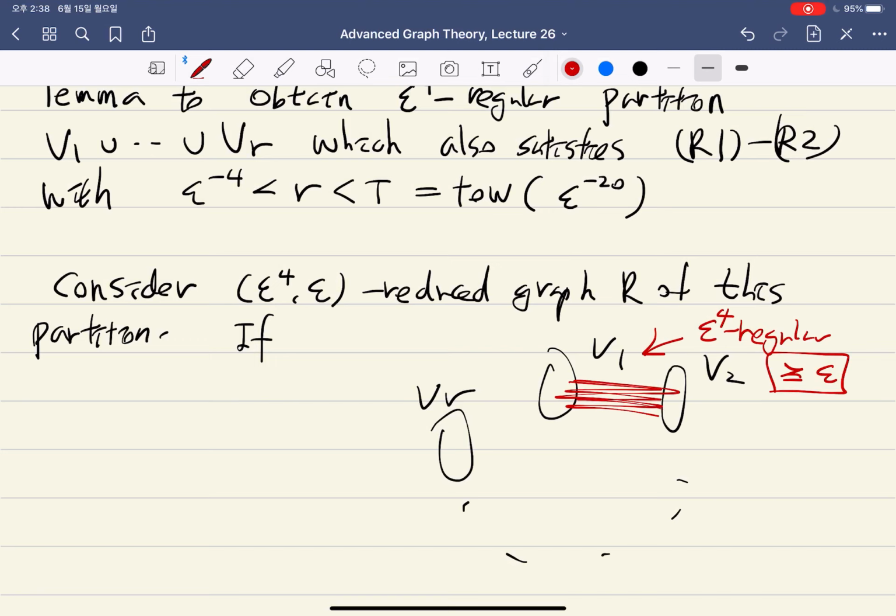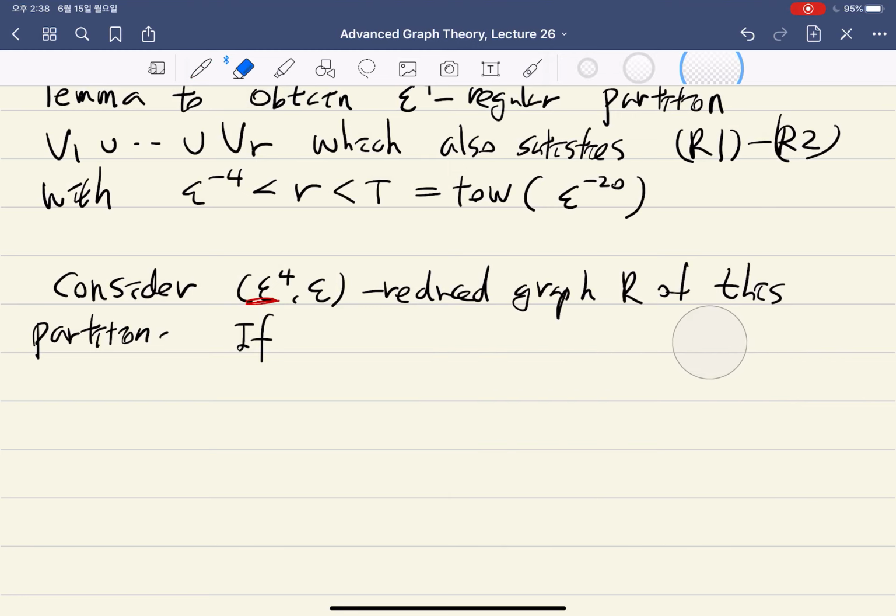Otherwise we don't. If this is not epsilon to the 4 regular, or its density is smaller than epsilon, then we don't add an edge. So that was the reduced graph.